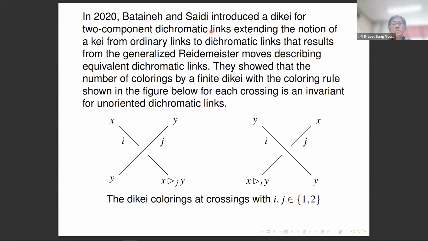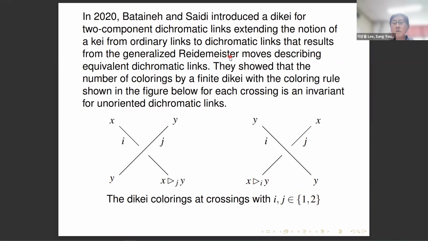In 2020, Ete Ni and Said introduced the dikei for two-component dichromatic links, extending the notion of kei from ordinary links to dichromatic links, and that result from the generalized Reidemeister moves.